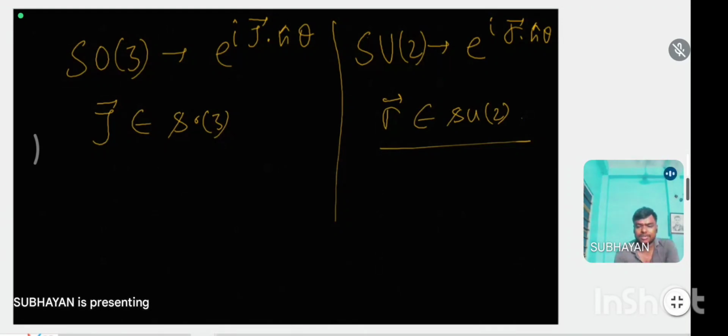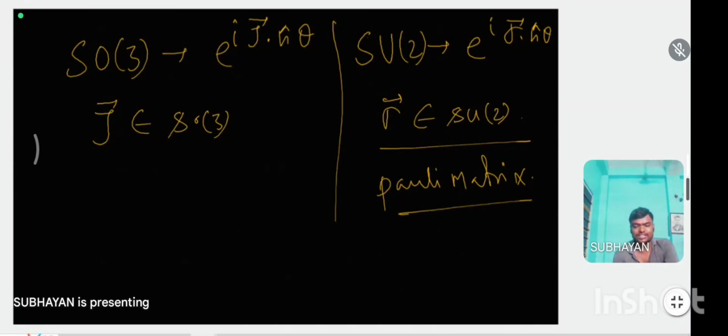And you know the sigma are the Pauli matrices, which represent the spin dynamics of electrons, or the spin of particles. Pauli matrices can represent the spin rotation of particles.